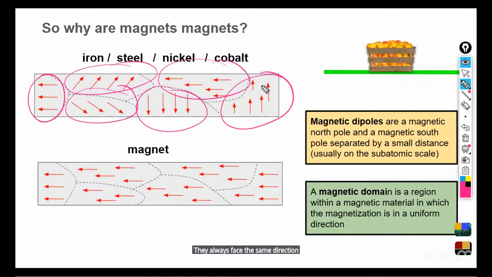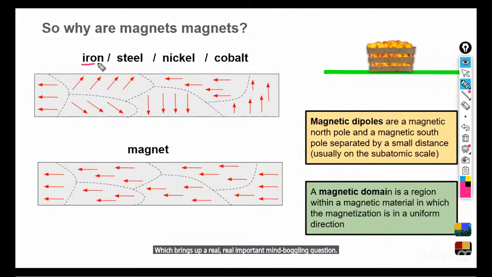Which brings up a real important, mind-boggling question. If a piece of iron is made up of smaller magnets, remember, the small arrows are magnetic dipoles, how come a piece of iron is not a magnet? That doesn't make sense, right?